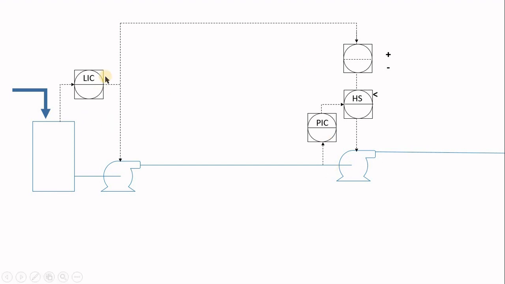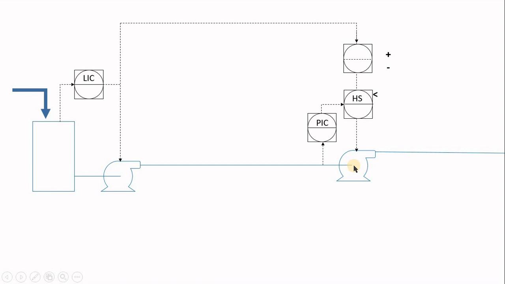So in the same scenario, we have the LIC sending, let's say, 70% speed to the second pump, and then the PIC monitored the suction pressure and found that it is so low, so now it has a lower, let's say 60% speed, and the selection here will use the lowest speed, which is 60. So this pump will be running at 70, this pump will be running at 60.